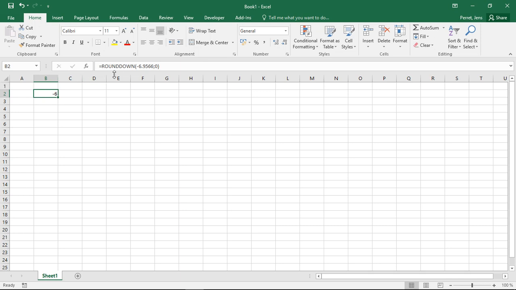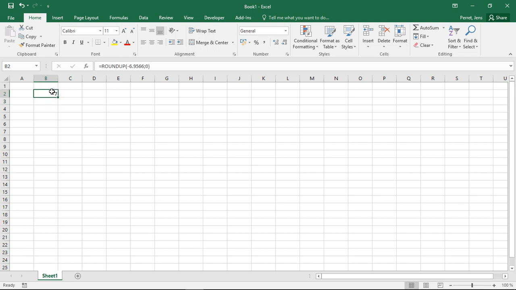So rounding down in Excel is not defined as going to the next smallest number, but going to the next number closer to 0. Therefore, rounding up, in this case, will give me -7. Here, I'm moving away from the 0.